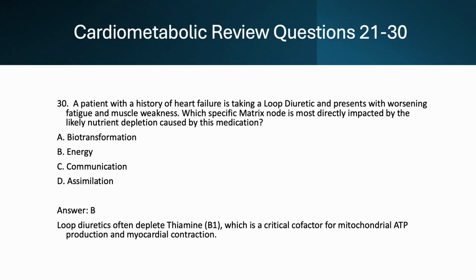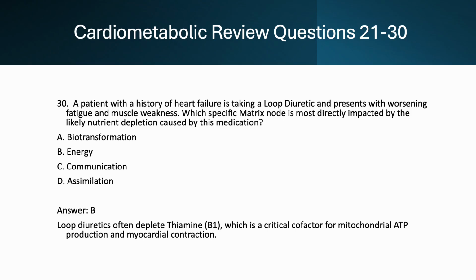So loop diuretics can deplete thiamine, which is a critical cofactor for mitochondrial ATP production. And because thiamine deficiency impairs cellular energy metabolism, this drug-nutrient interaction primarily affects the energy node of the functional medicine matrix. A is incorrect because biotransformation node involves detoxification and liver metabolism.